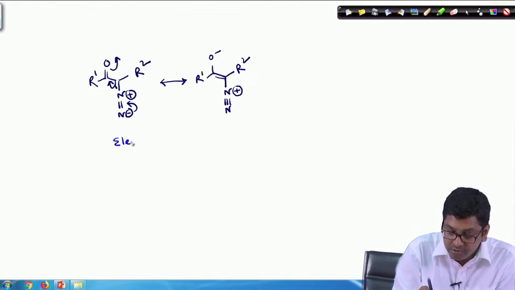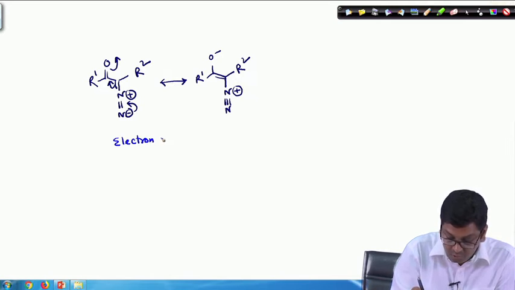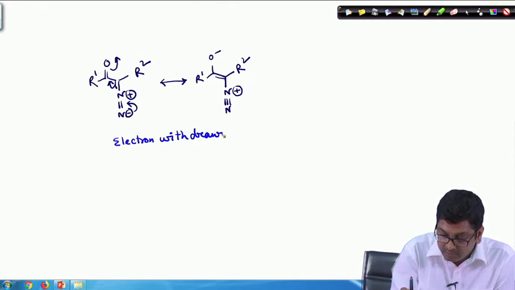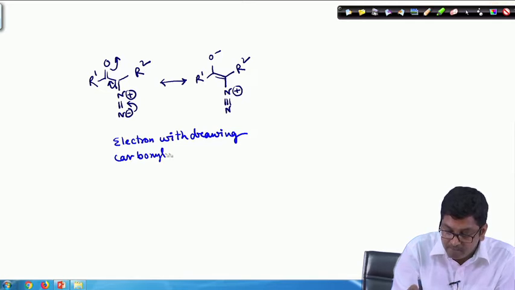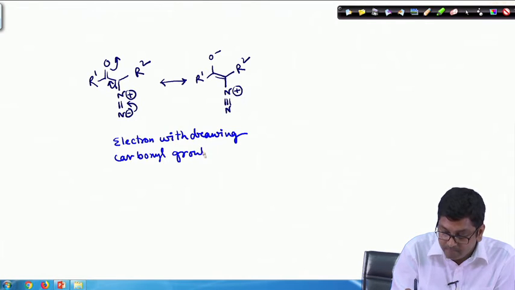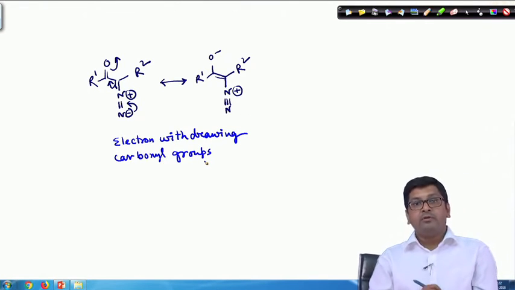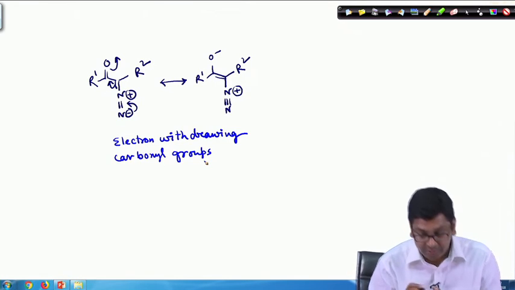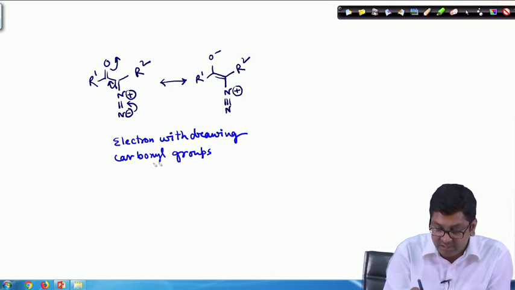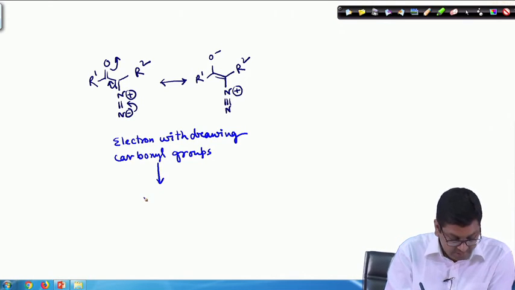Electron withdrawing carbonyl groups. So, this actually triggers the stability.